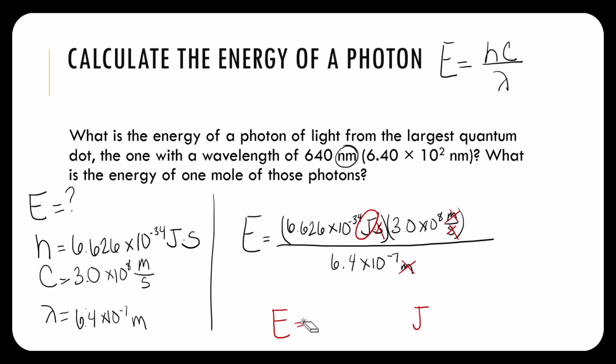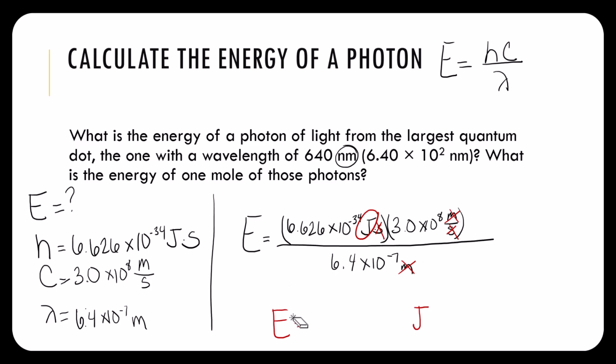Now, to solve, we multiply across the top, divide by the bottom. So 6.626 times 10 to the negative 34th, times 3.0 times 10 to the 8th, divided by 6.4 times 10 to the negative 7th.